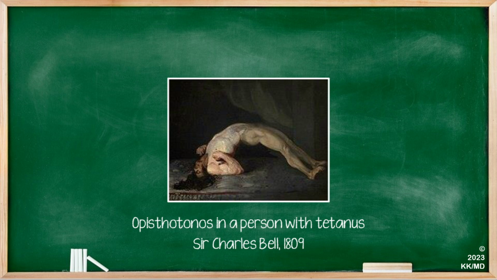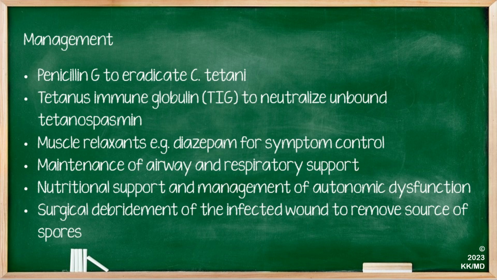in terms of medical history. The management of this bacteria is through penicillin G, which eradicates C. tetani. The tetanus immunoglobulin, or TIG, is used to neutralize the unbound tetanospasmin. The muscle relaxants, such as diazepam, are frequently used for symptom control.